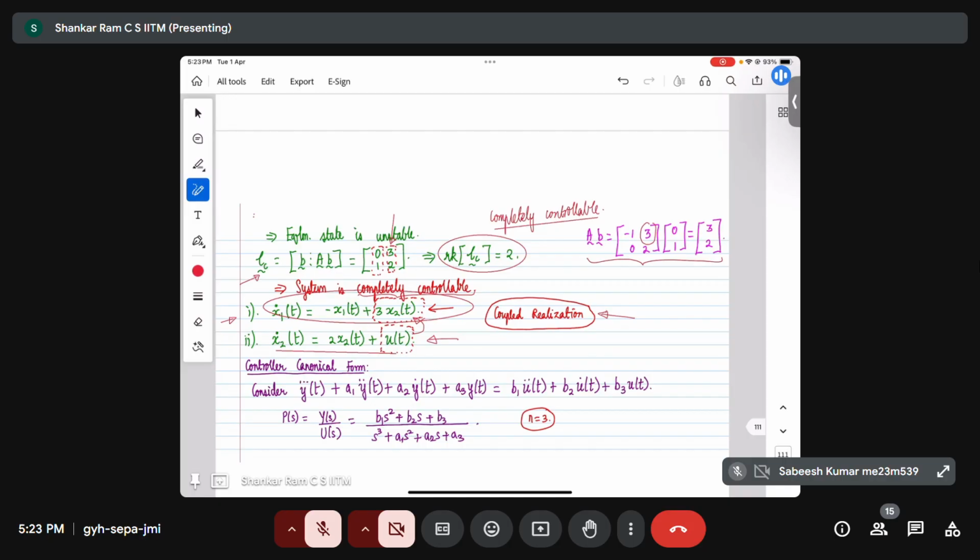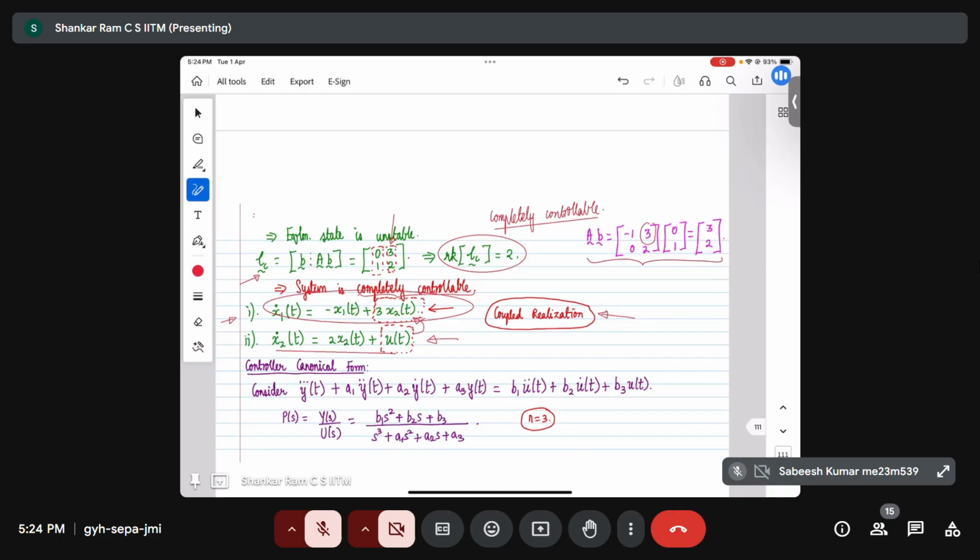So I hope, Roshan, coming back to your question, when we did not have u(t) explicitly appearing in a state equation, the question that you and I need to ask is whether we are dealing with a decoupled realization or a coupled realization. Only in a decoupled realization do we need u(t) to appear in all the state equations for complete controllability. When you have a coupled realization, that means the state matrix is not a diagonal matrix.